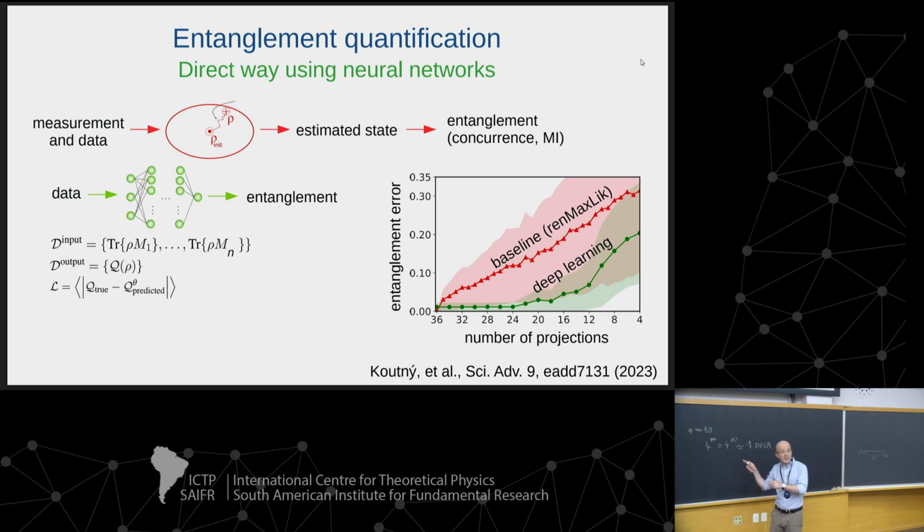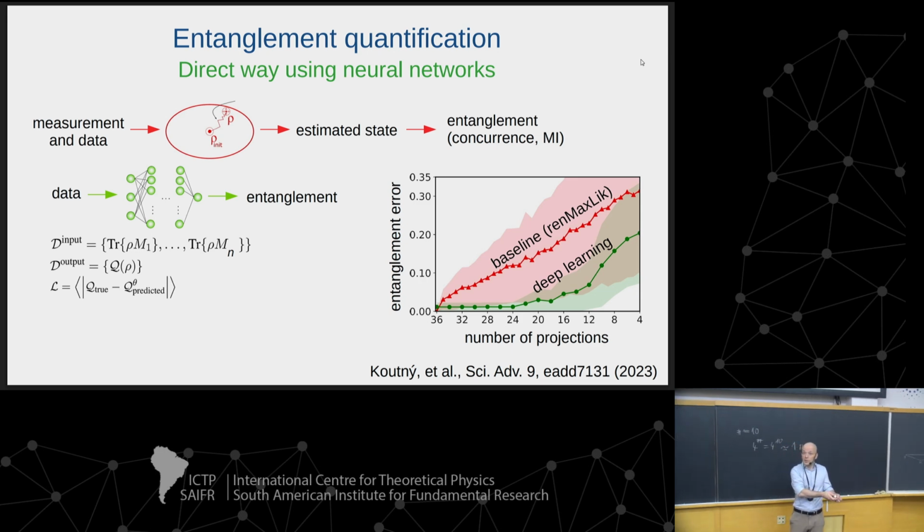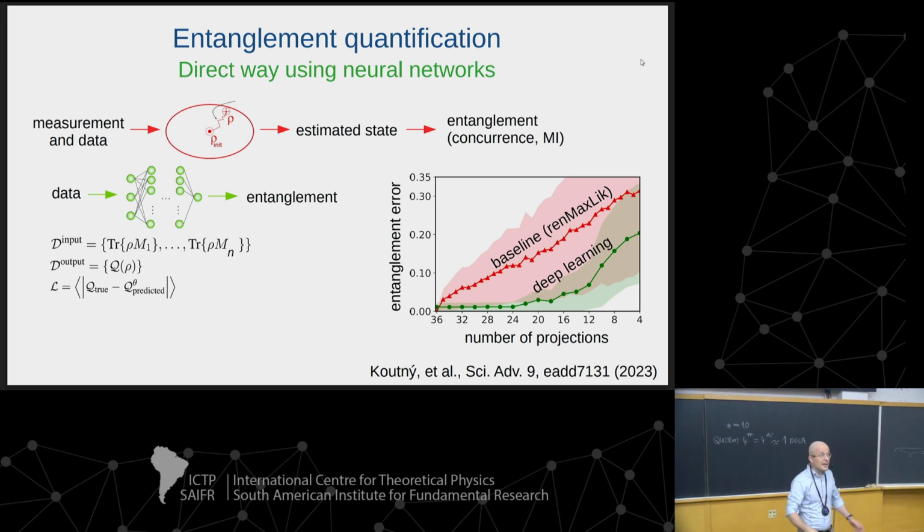Actually, it's at the same time the minimum number of independent measurements we need for full quantum state tomography. So this is also a quorum. And let's say we are not interested in the whole state. We are interested only in entanglement and particularly some subset of quantum correlations.